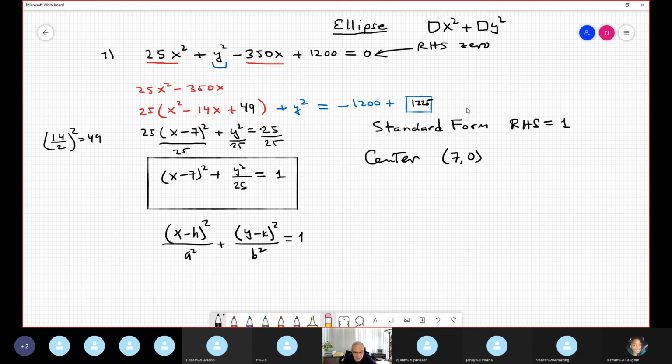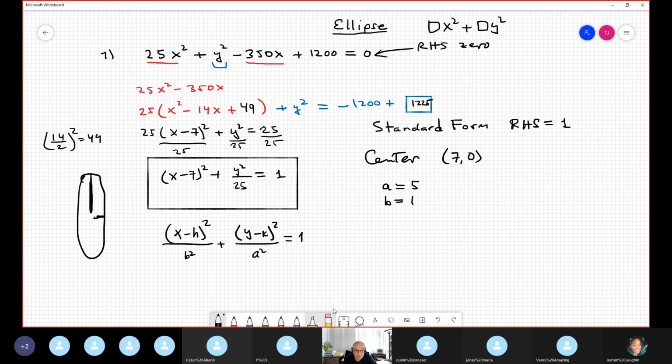In this case, I realize that a squared is here because the big number, 25, is associated with the y. That means that our ellipse looks like that. It's a vertical ellipse, so the major axis is parallel to the y-axis, and the minor axis is parallel to x. Because, by the way, a is 5 and b is 1.